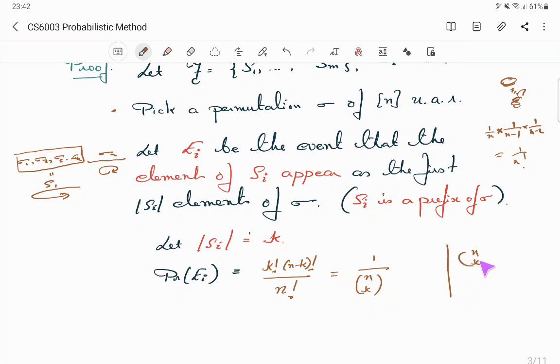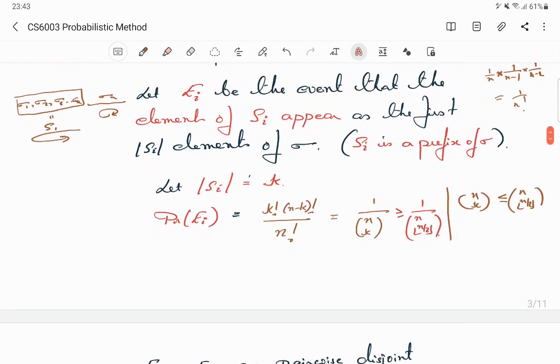But we know that the maximum value that n choose k attains is when k is equal to n by 2 floor or ceil. When n is an odd number, these two, n by 2 floor and n by 2 ceil, are different, but n choose n by 2 floor is the same as n choose n by 2 ceil. So I can say that this is at least 1 by this. This is important, so we will keep in mind that the probability of Ei is lower bounded by the reciprocal of n choose n by 2.